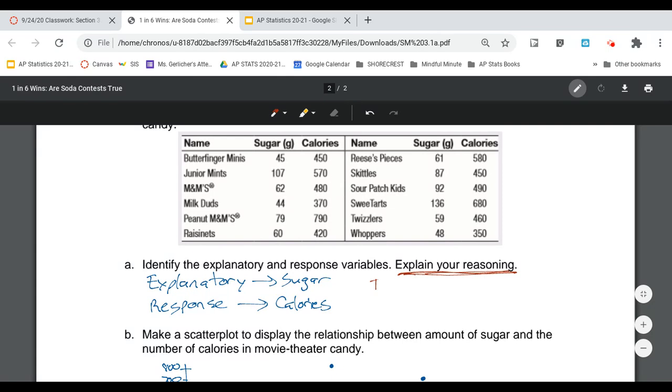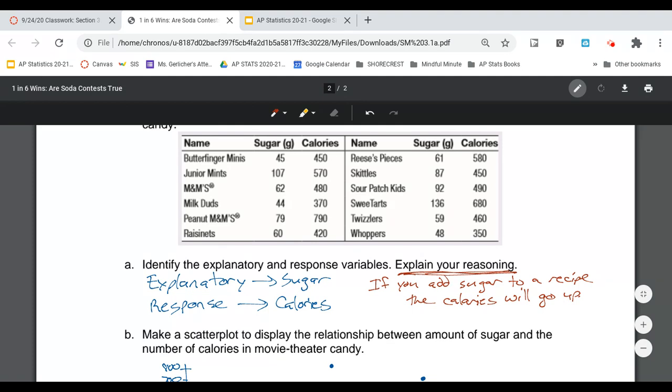Okay, so explain your reasoning. Basically, I would say if you add sugar to a recipe, the calories will go up. If you were a chef and you decided that you wanted a candy to have more calories for whatever reason, an easy way you could do that is dump more sugar in.